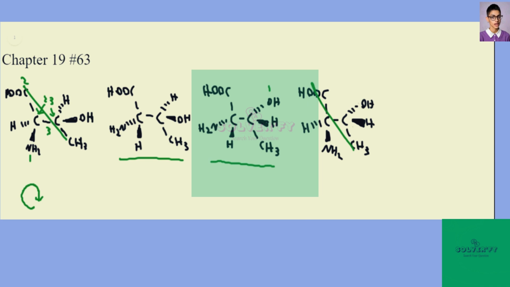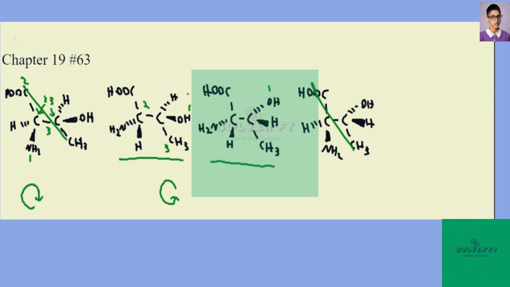Here, this makes much more sense now. We need to consider these two, and we need the R isomer on carbon 3. Looking at this first one, we would go priority 1, priority 2, priority 3, so this would be counterclockwise.